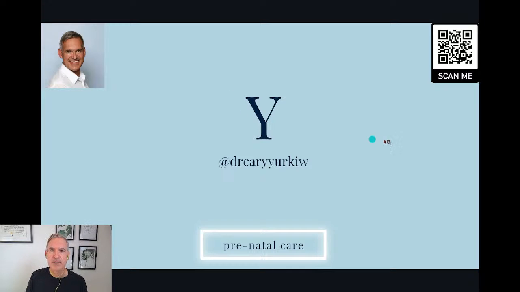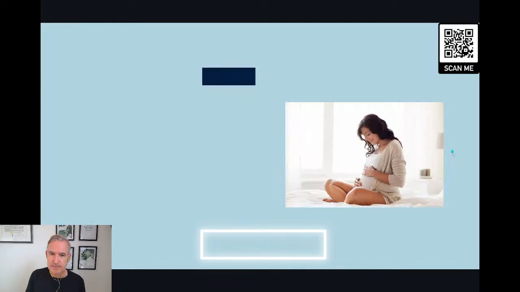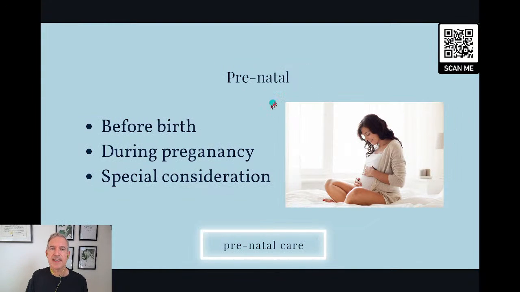So today we're talking about prenatal care. Prenatal care is defined as care before birth. When a woman is pregnant, as the pregnancy goes on, your body's going to change. As the baby grows and the weight increases, the alignment and the posture change.